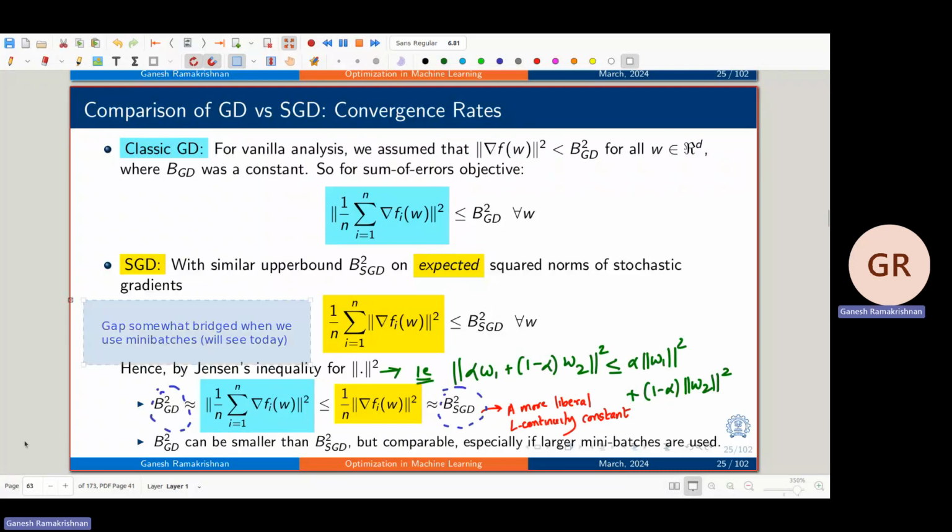So I don't know whether we'll have time, but even in this analysis, there's a silver lining. The silver lining is that if instead of having to do a summation of all the norm squares, I were to do a norm of summation, in the sense, if I'm able to decompose it into batches, one batch norm square summation.